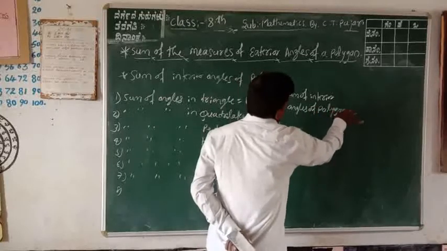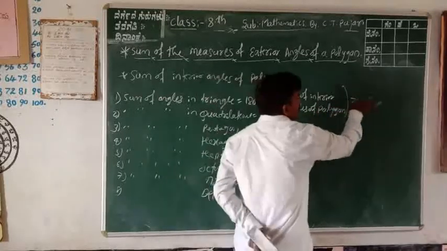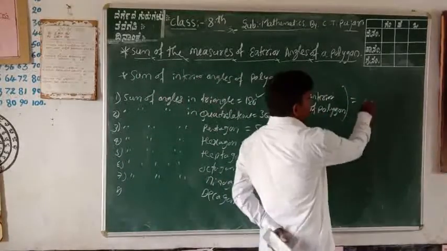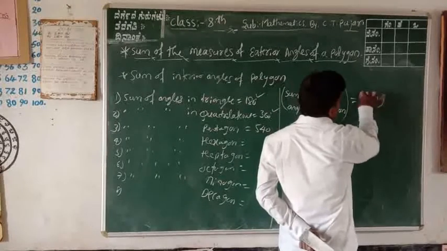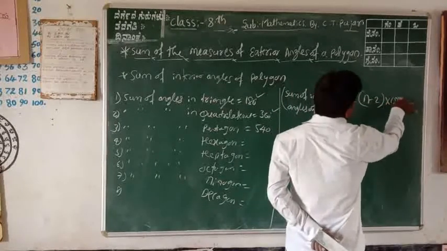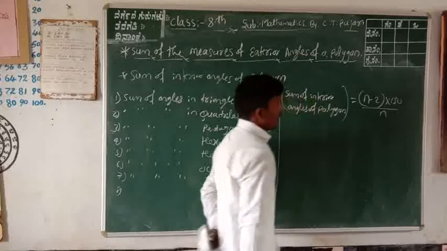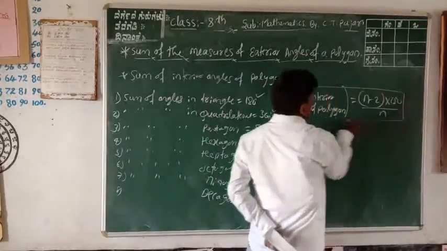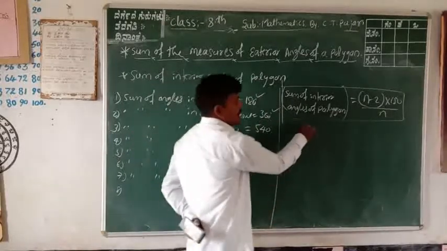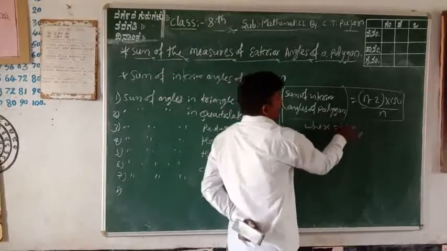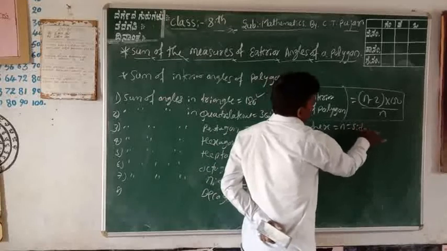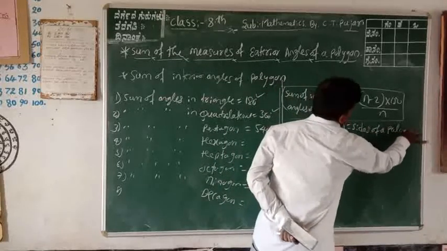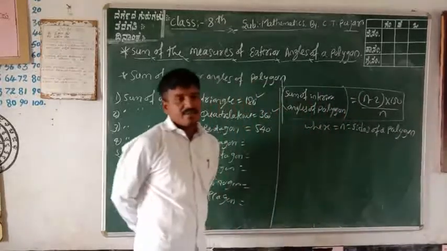The formula is (n minus 2) into 180 degrees divided by n. This is your standard formula, where n is equal to the number of sides of a polygon.